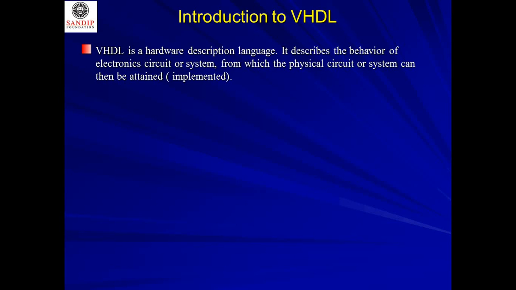Now let's discuss VHDL. As we discussed, hardware description languages are of two types, VHDL and Verilog. Out of them, VHDL is a very popular hardware description language. It describes behavior of an electronic circuit or system from which the physical circuit or system can be attained.